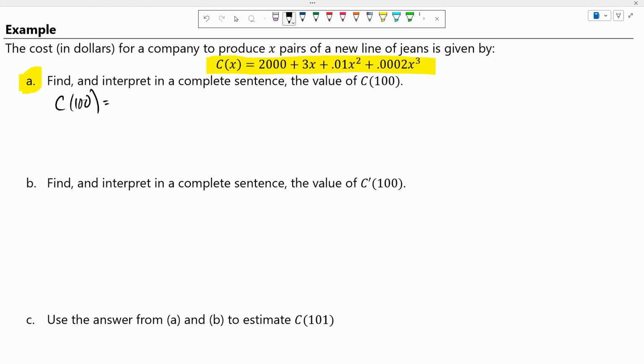C of 100: 2,000 plus 3 times 100, plus 0.01 times 100 squared, plus 0.00022222 times 100 cubed. And if you do this all out, you should get 2,600. Okay, now interpret. I need to turn this into English.